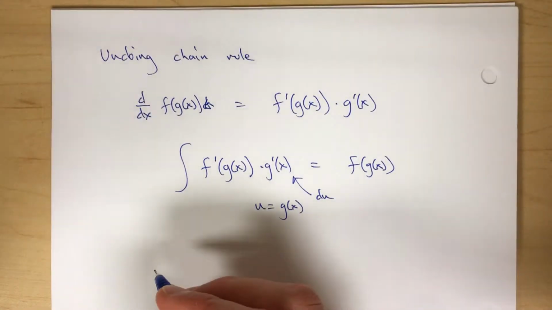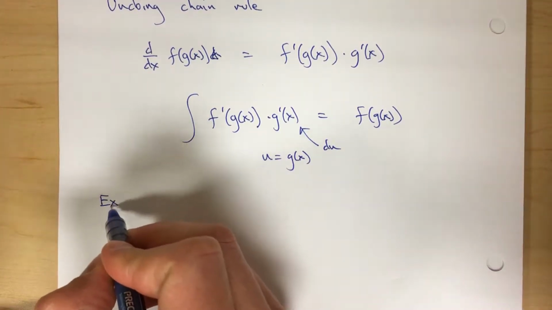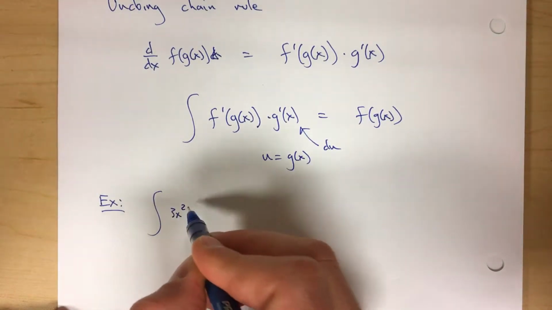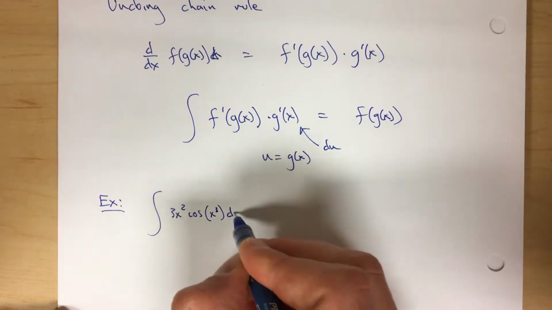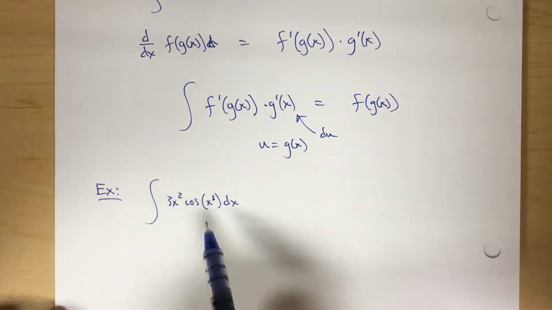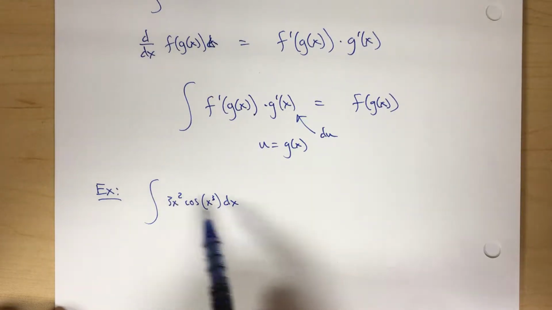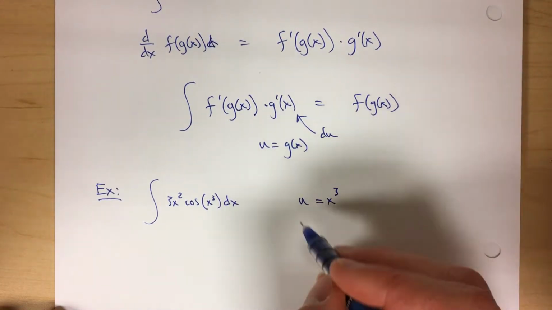So let's look at a few examples of u-substitution, which is really what we want to do here. For instance, let's say we had the antiderivative of 3x squared cosine of x cubed dx. What we see is a composite function where the inner function's derivative is also there. So this is what we're going to let be our u. u is going to be x cubed.